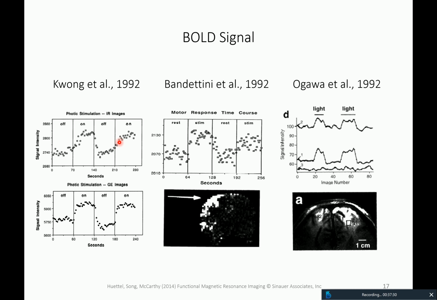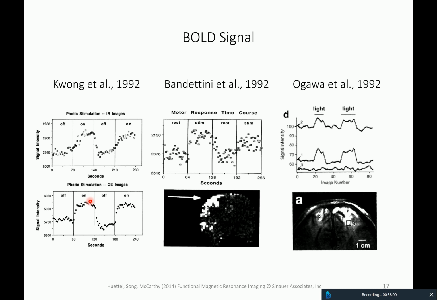The basic finding is that the signal you can record increases under visual stimulation, and then the question is why. This process from neural activation to changes in MR signal was not designed by anyone. It's an empirical fact, and everything that in terms of theory tries to explain this is a model and explanation for this finding.